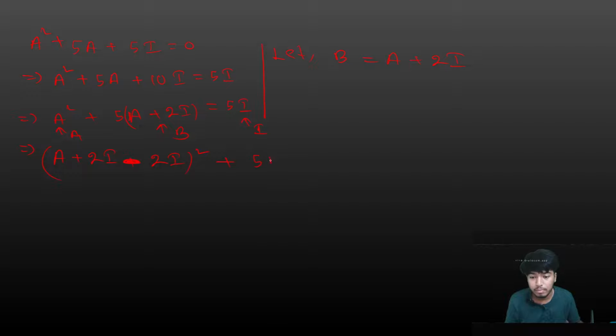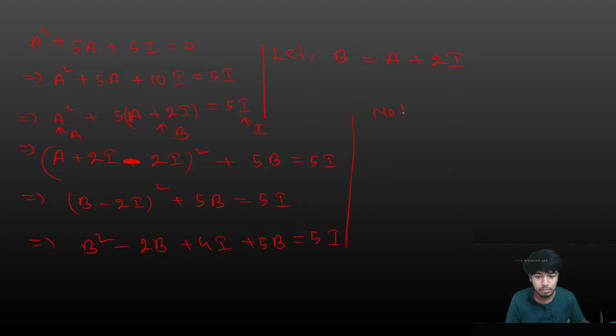So 5B equals 5 identity. We get (B minus 2i) whole square plus 5B equals 5i, which gives B square minus 4B plus 4i plus 5B equals 5i.